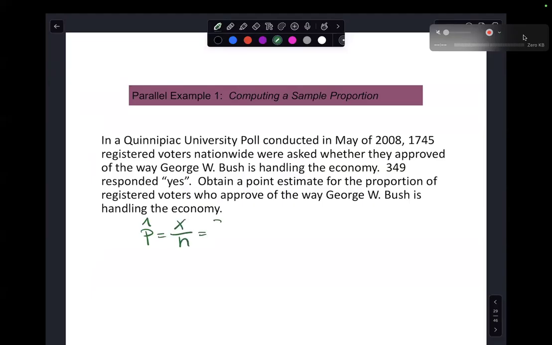So we have 349 successes over 1,749 of our sample. Sometimes we leave it as a fraction. Sometimes we want a decimal. So just under 20% of the people in that particular poll approved of the way he was handling the economy. Pretty straightforward.